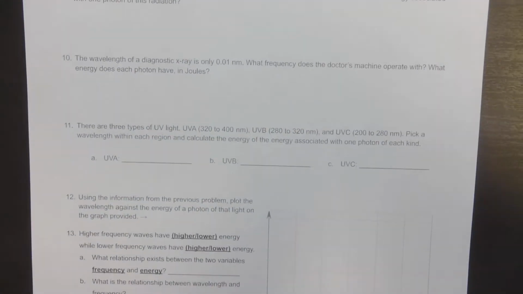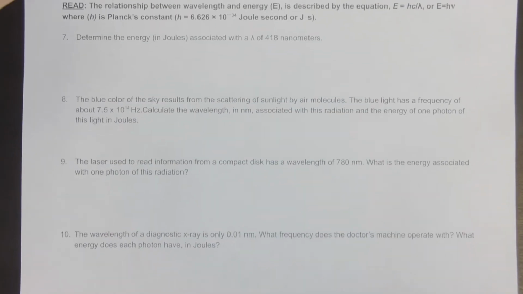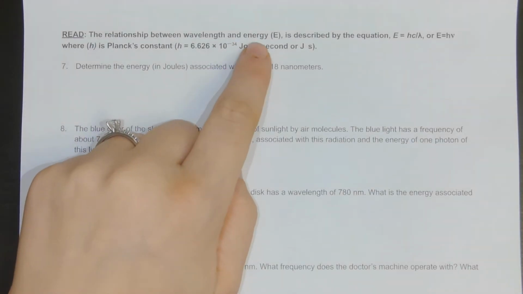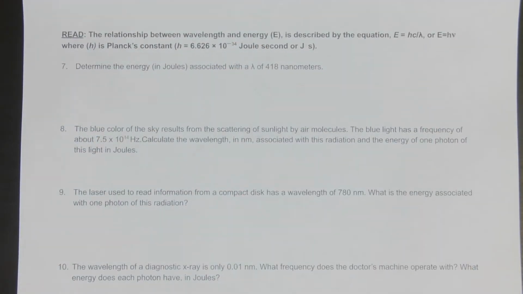So pause this video if you need to. What we're going to do now is you'll need a calculator because we're going to be doing calculations instead of conceptual stuff with energy. So this is kind of from the notes, the relationship between wavelength and energy, or also frequency and energy.